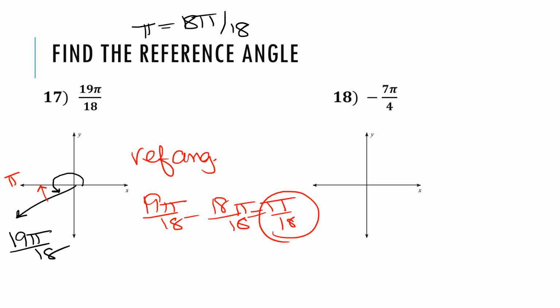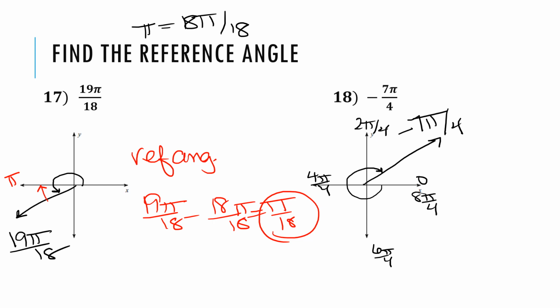In our last example, we need to convert all of our radians to be over 4. So let's go ahead. I'm at 0, 2 pi over 4, 4 pi over 4, 6 pi over 4, and 8 pi over 4. And you'll notice we're looking at negative 7 pi over 4. So I'm going to go the opposite direction of everything I just did. So here's negative 2 pi over 4, negative 4 pi over 4, negative 6 pi over 4, negative 7 pi over 4.